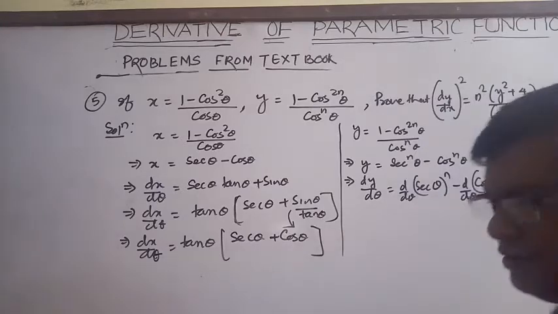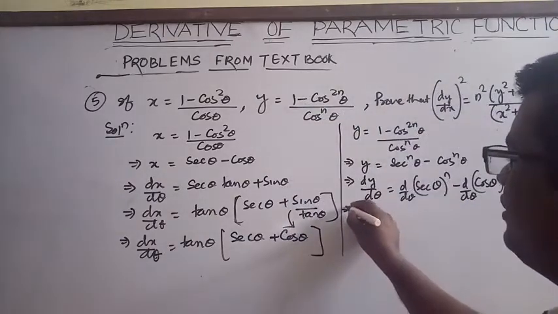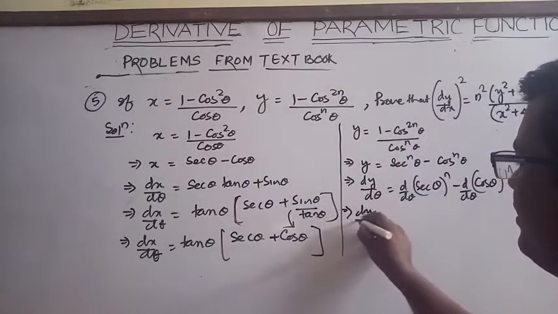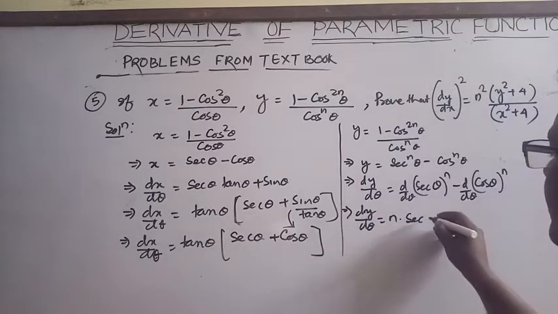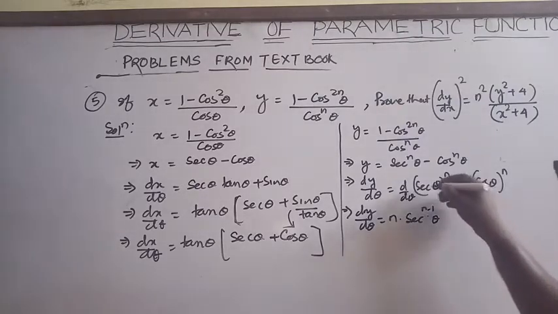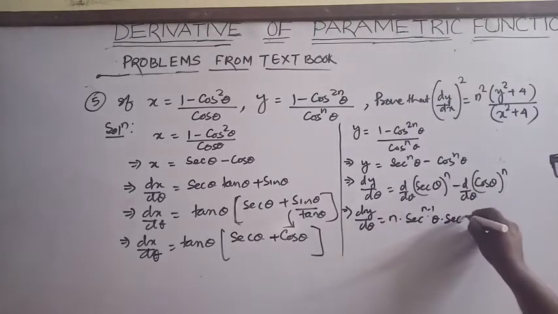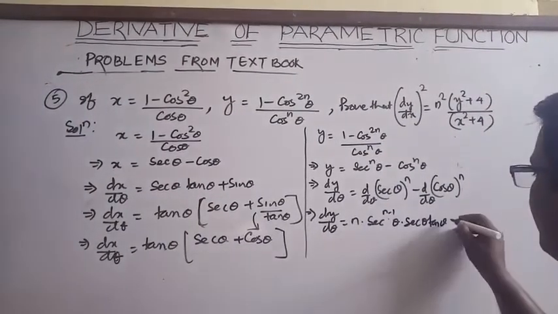Apply chain rule here. Now what is chain rule? That implies dy by d theta is n into sec to the n minus 1 theta into the derivative of sec theta, meaning sec theta into tan theta. And this is equal to what?